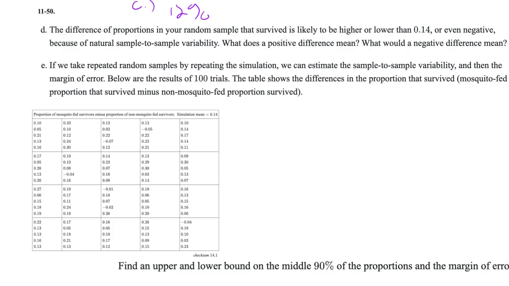A positive difference means more tadpoles survived in the mosquito areas than in the non-mosquito areas. A negative difference would mean the opposite: more would survive with the non-mosquito.